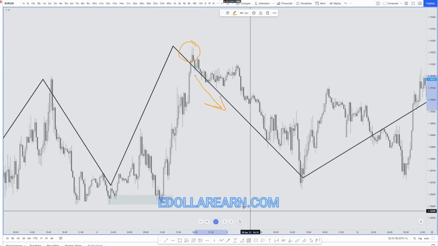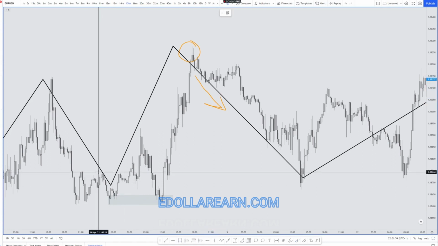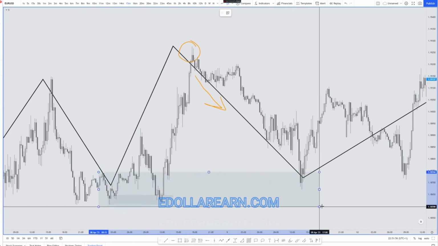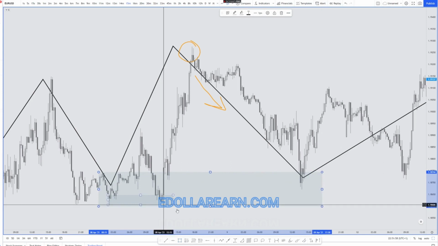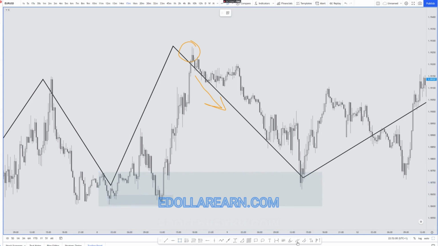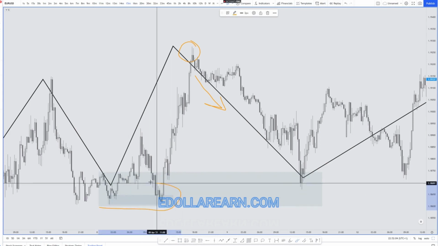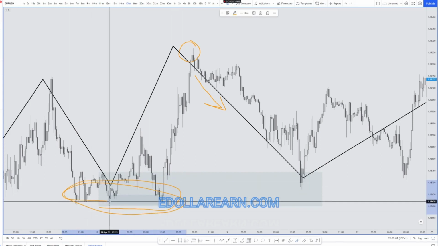Now, on the 4-hour, this would be a very much larger demand zone. But my expectation is if the bullish trend is to continue, this is to stay intact.